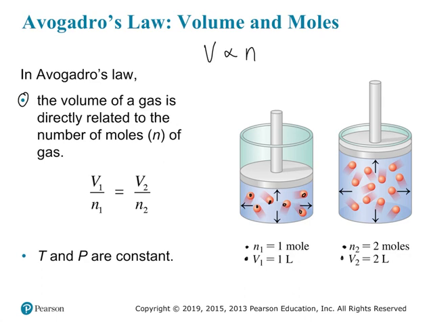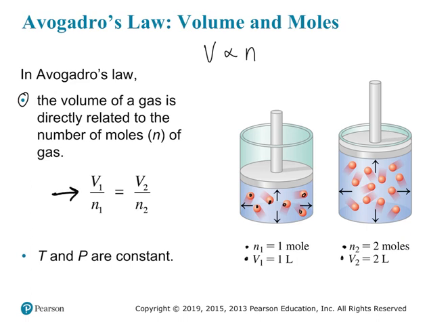So that's going to double to 2 liters. And that's really just to make space for the new particles of gas that have been added to the container. So as the amount of gas increases, the volume increases. If the amount of gas decreases, the volume also decreases.